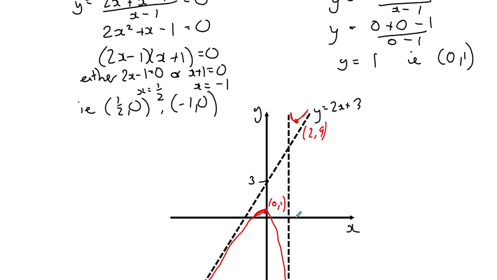So I've got the maximum turning point at (0, 1), the minimum turning point at (2, 9), and I've got 2 intercepts at -1 and +0.5. And that looks like all of the information that I can actually put in other than the name of the function, y equals 2x squared plus x minus 1 over x minus 1.